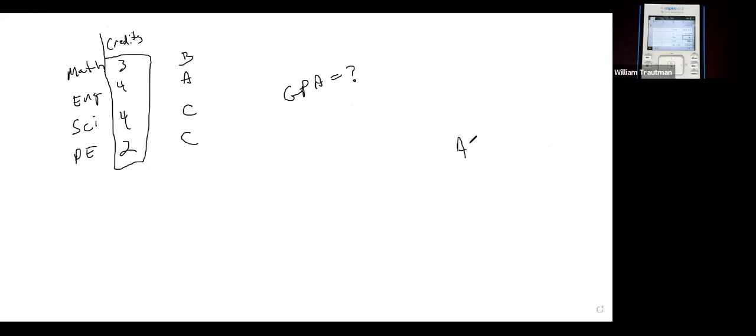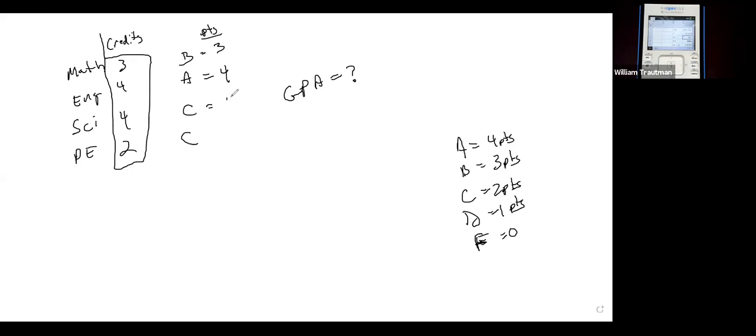Remember, A's are worth 4 points when you do GPA. B's are worth 3 points. C's are worth 2 points. D's are worth 1 point. And F's are worth 0. So a B is worth 3 points, and A is worth 4 points. A C is worth 2 points, and a C is worth 2 points. So I also have to type in these.